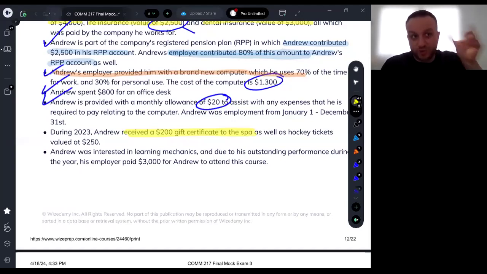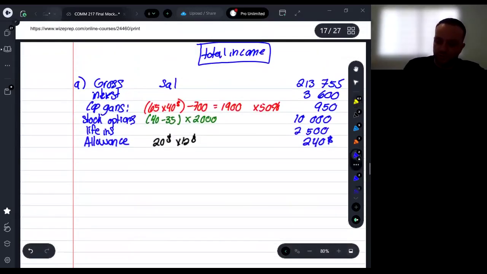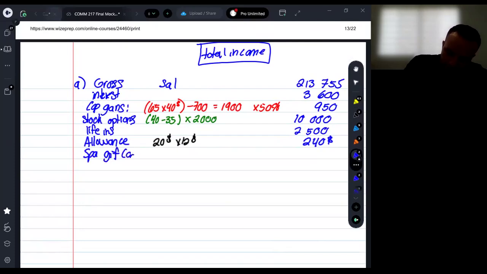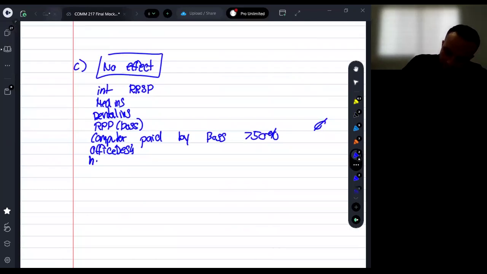The trap was saying less than 500, nothing. But this 200 is actually taxed. But the hockey tickets, no, because that's less than 500. So spa gift card, we're gonna tax him on 200, but hockey tickets have no effect because it's less than $500.